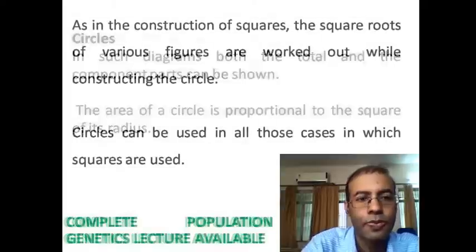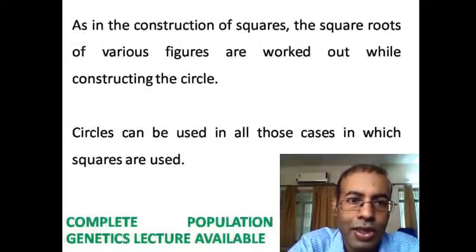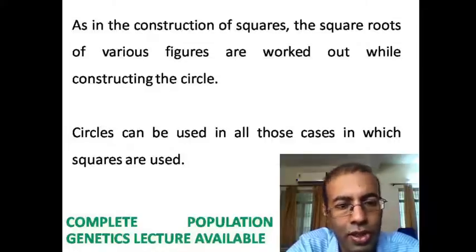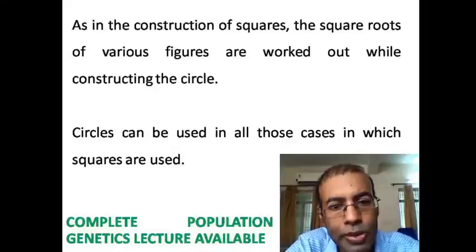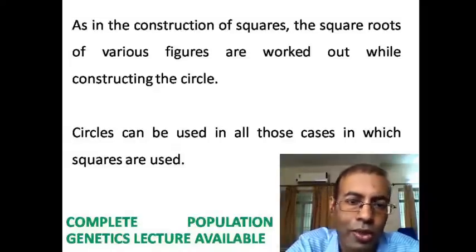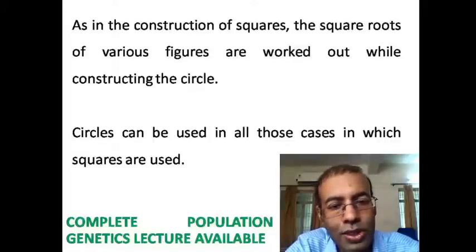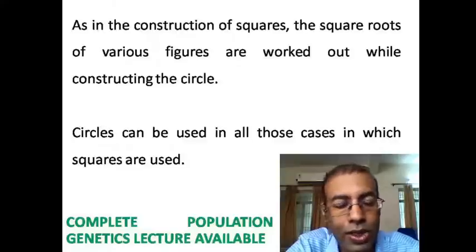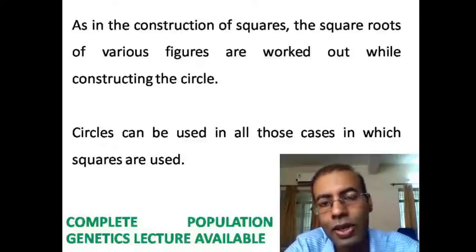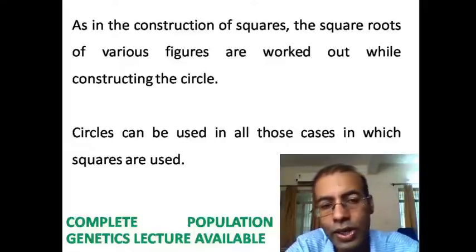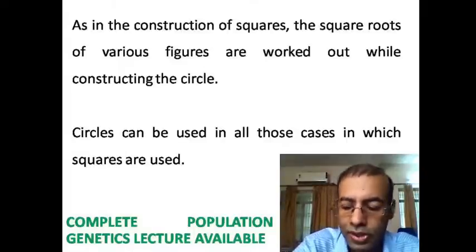So, as in the construction of a square, the square roots of various figures are worked out while constructing the circle. A circle can be used in all those cases in which squares are used. So the calculation is a bit similar to our square calculation. We will again take the square root of the figure, and in this way we will calculate the radius of the circle.